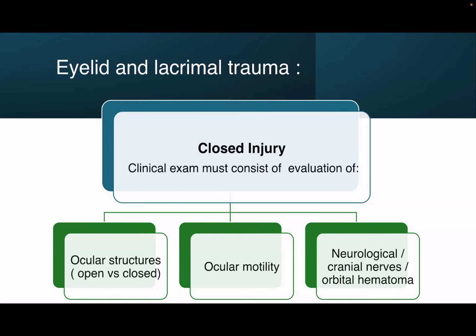Evaluate carefully, then check the motility. Don't forget to check the motility in eyelid and lacrimal trauma. It's very important to check for any associated orbital injury or globe injury which involves the rectus or oblique muscles. Neurological examination is very important. Cranial nerve examination: as we are checking the motility, we have to check the pupil as well.